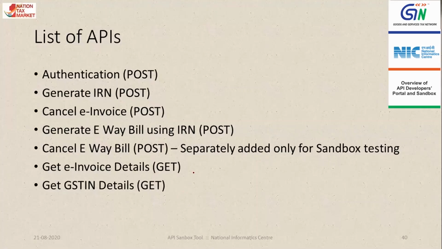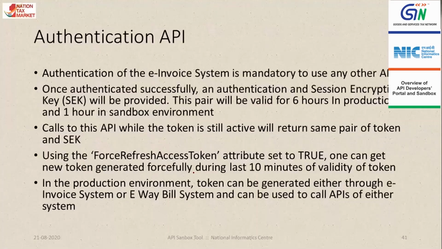So authentication is the most important API, where one has to authenticate themselves before calling the other APIs. Here they will be using the 4 credentials, the client ID, client secret, user ID, and password. And they will be generating one app key, which will be used to encrypt the responses received after successful authentication. So successful authentication will provide a auth token and a session encryption key.